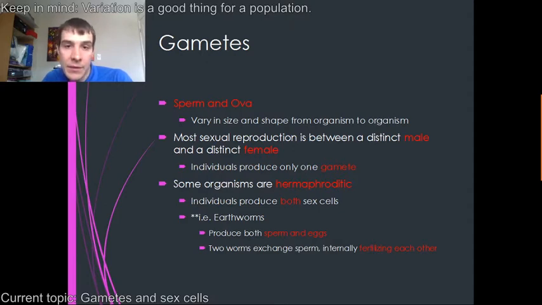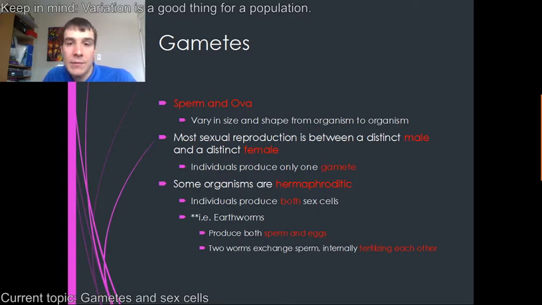They differ from organism to organism. Typically, the difference is that the sperm can move and the ova has to get pushed through a uterus kind of tract. The ova is usually bigger. It has mitochondria and starter proteins and things like that, so that the new zygote can have everything it needs. I like to call it the starter pack sometimes.